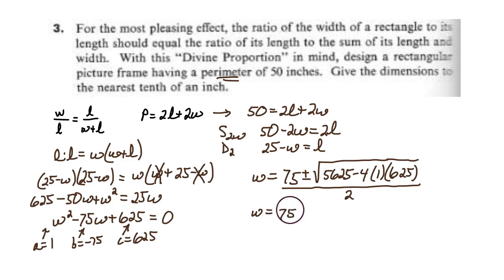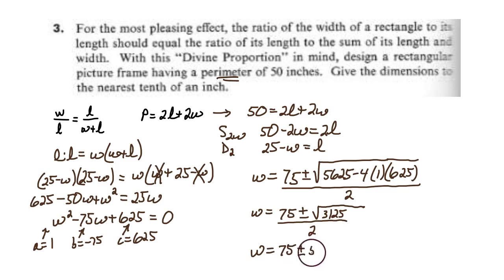Now let's do some work inside that radical symbol. I'm going to take a calculator and type this whole thing inside there. That turns out to be 3,125. Now let's take the square root of 3,125 to get a decimal.